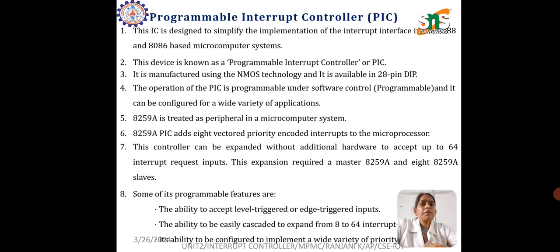It can be programmed for either level triggered or edge triggered input. We can mask individual bits of an interrupt request register. We can also increase the interrupt handling capability up to 64 interrupt levels by cascading further 8259 PICs, and a clock cycle is not required for this 8259.